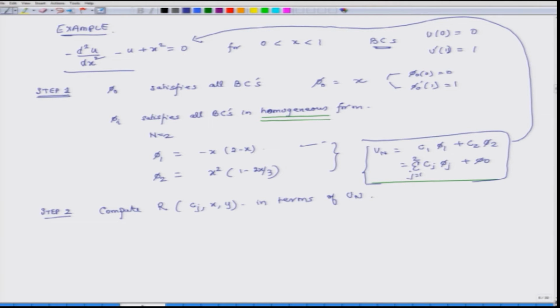Okay. So, my residue is summation j is equal to 1 to n of Cj times minus the second derivative of phi j by dx square plus Cj phi j, okay, minus d2 phi naught over dx square plus phi naught plus x square.